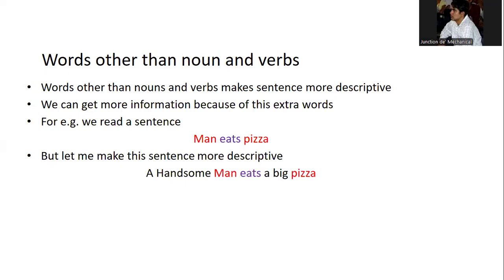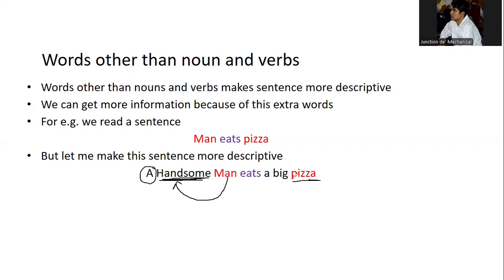So, what I've added is an article, which is "a handsome man". I have added an adjective because it is telling me that there is a man, but how is the man? Like, what are the qualities of a man? Then the man is handsome.